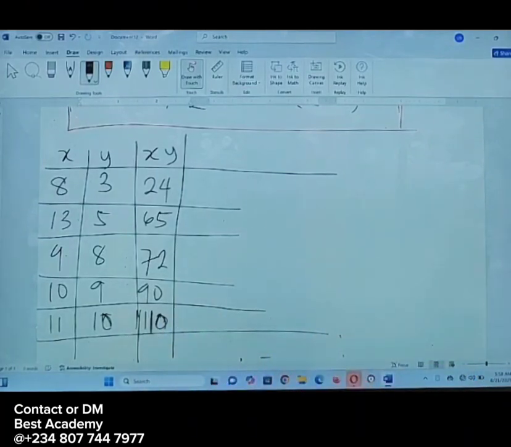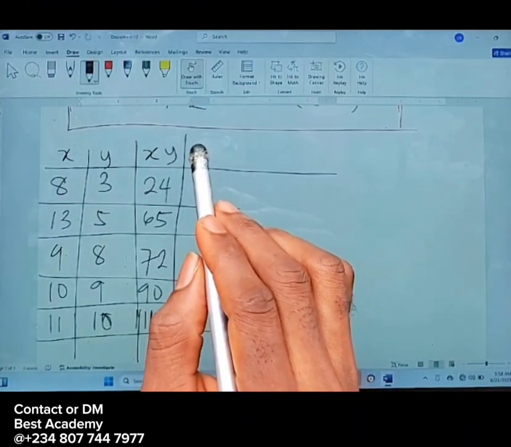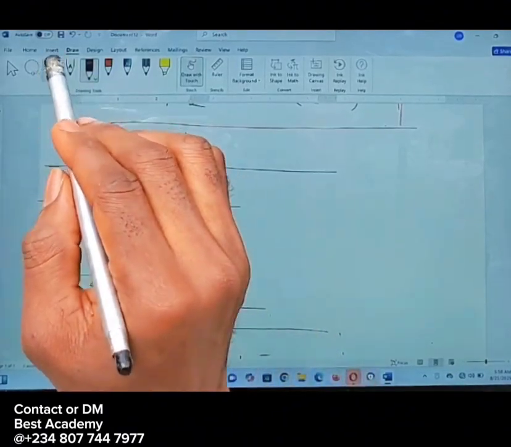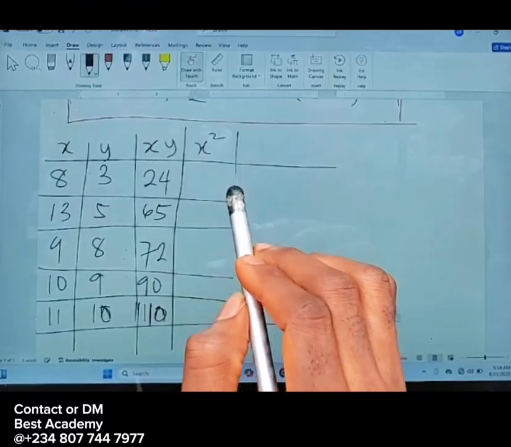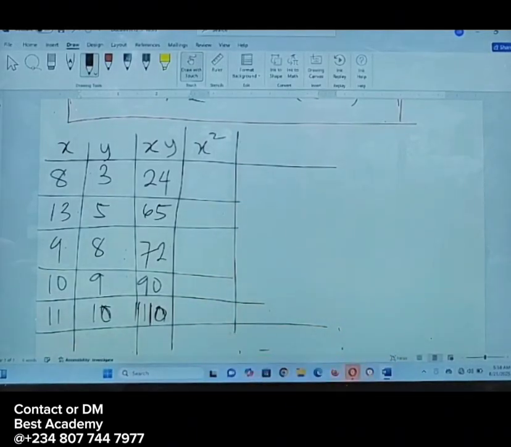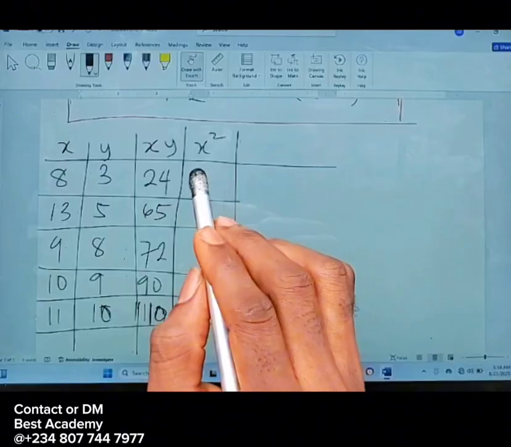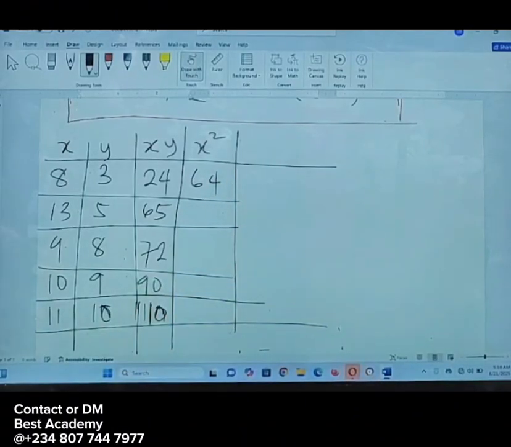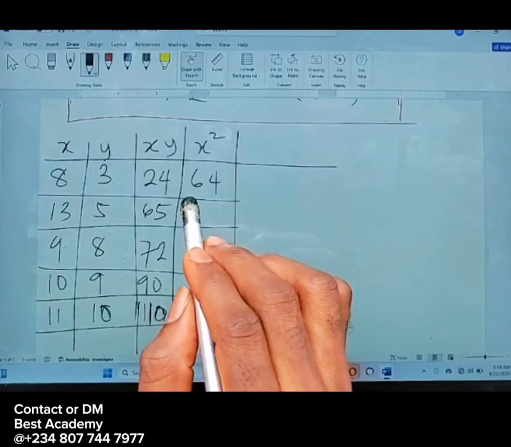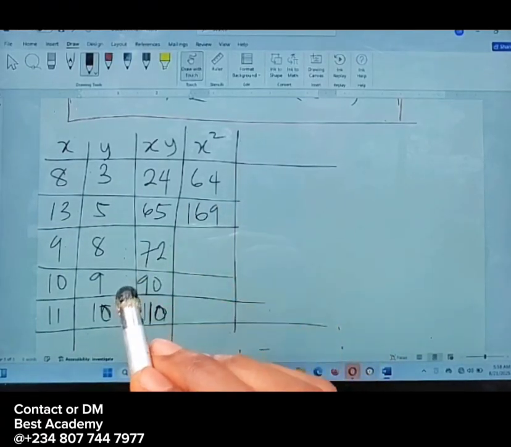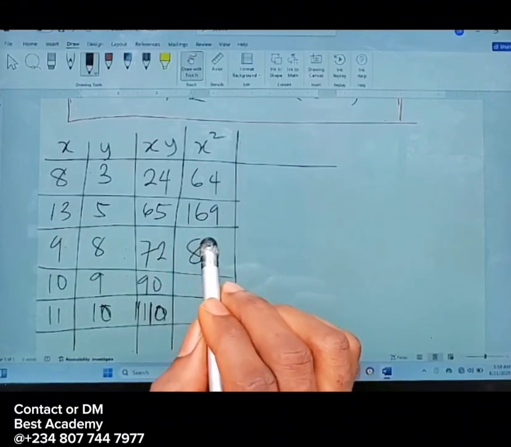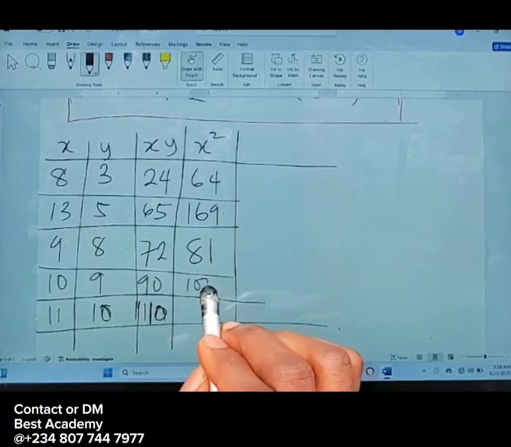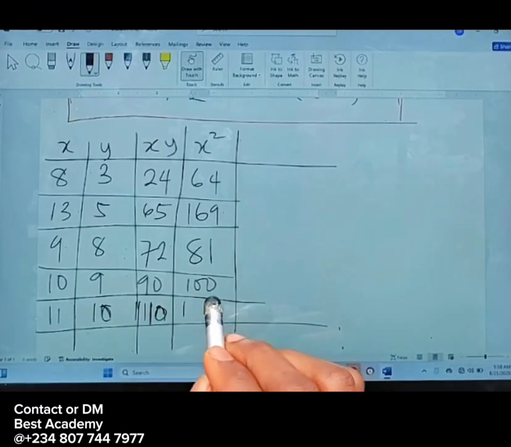Okay, now let's have our s squared. That means everything about s will be squared. So square all the values of s. 8 squared gives us 64. 13 squared, that is 13 times 13, is 169. 9 squared gives us 81. 10 squared gives us 100. 11 squared gives us 121.